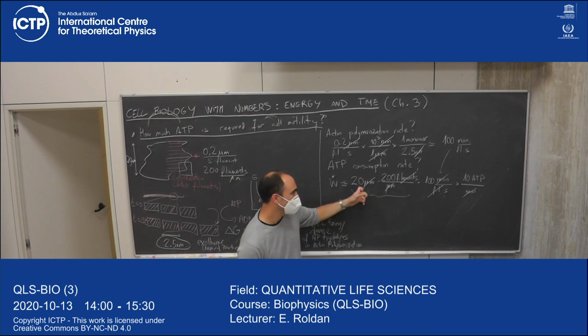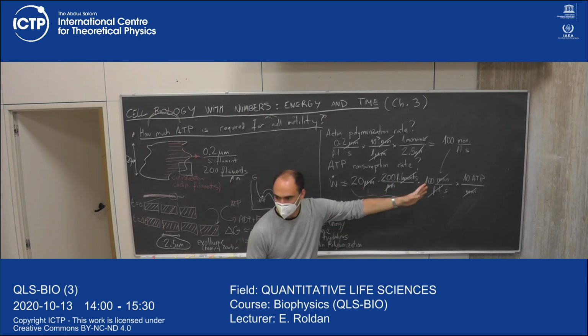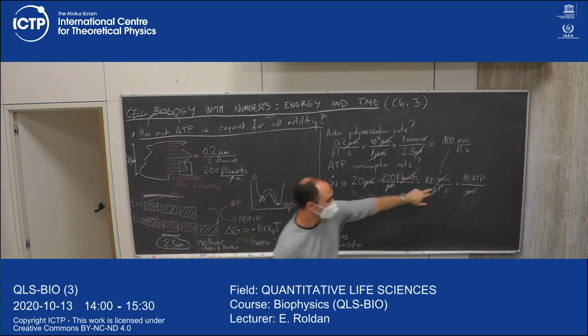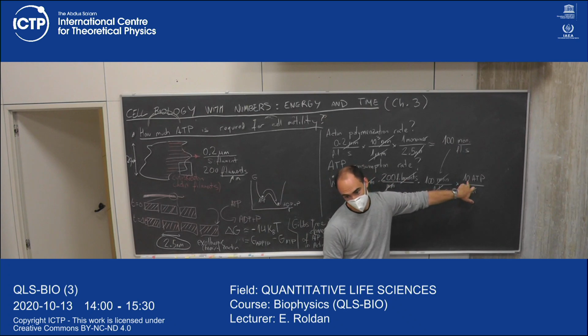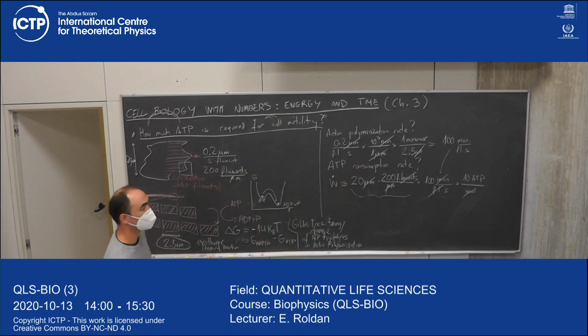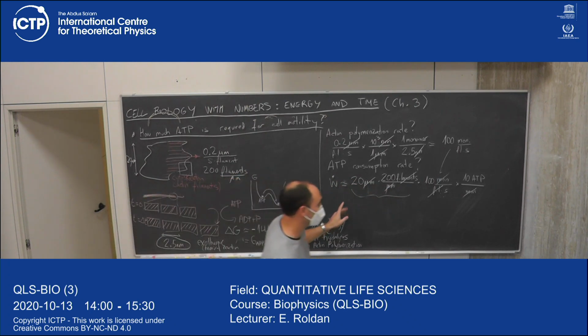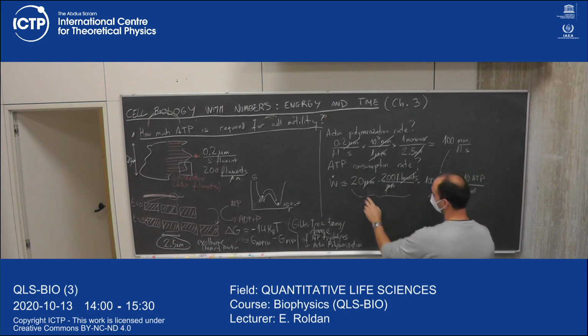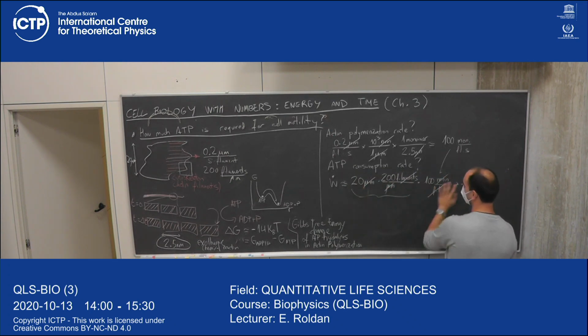Because you see, I have 10, 100, 110. So I will get a 10 to the power something. So it won't matter if I put a 4 here. It won't matter, because I'm doing an estimate. So now, the nice thing is we can do this calculation. First of all, we have ATP per second, and we have 20, 200, 110.